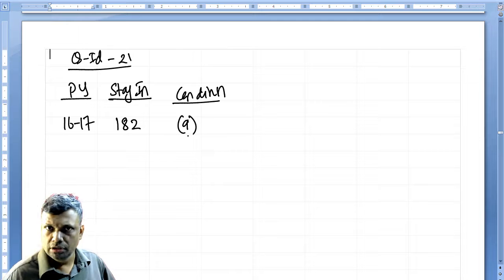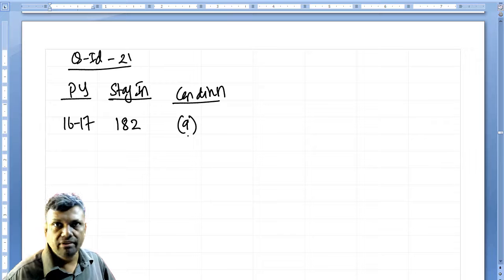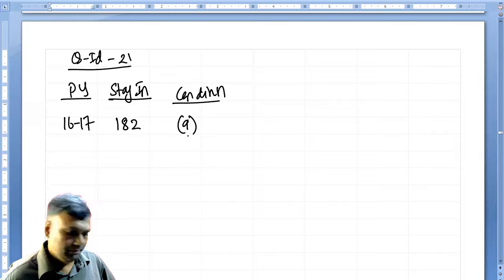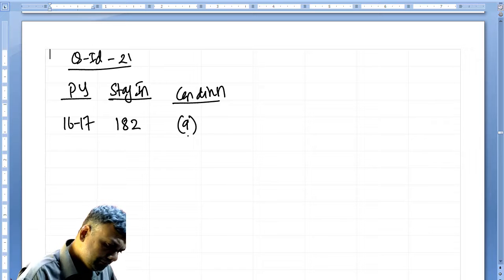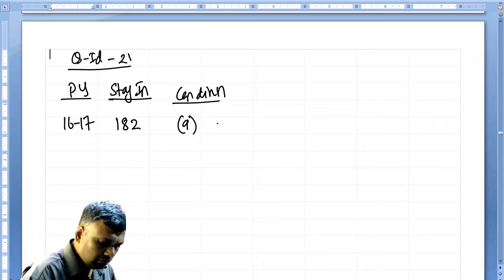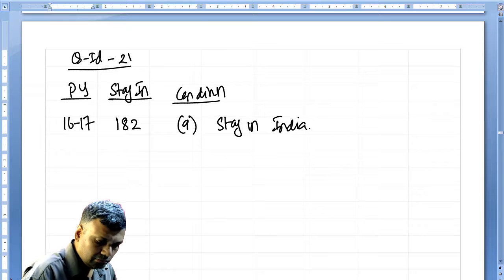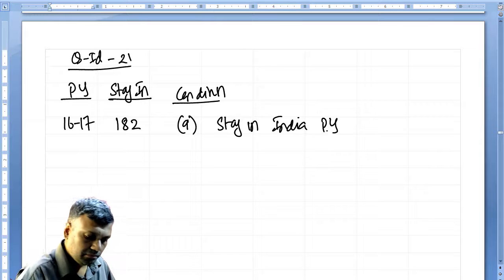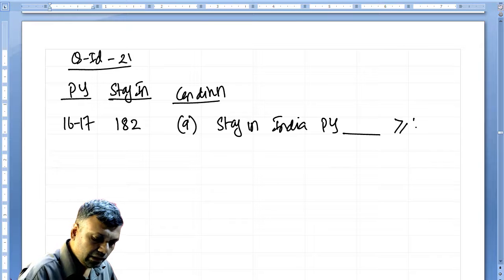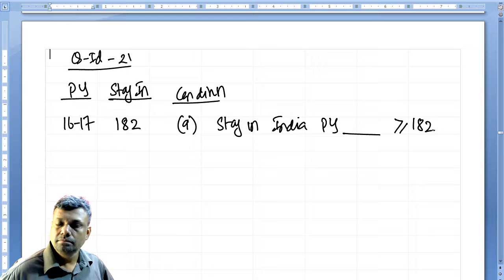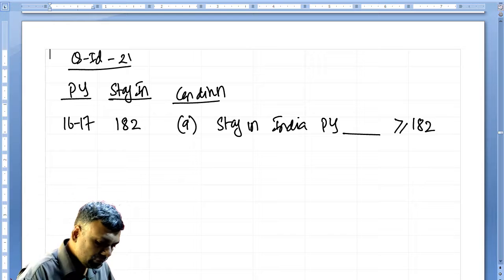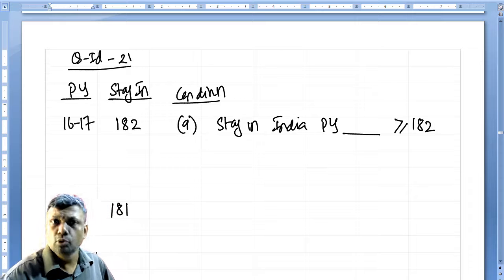Here condition B is not functional, so I am not thinking only from condition B point of view, because he is an Indian origin person going abroad for the purpose of employment. So condition A. Stay in India during the previous year greater than or equal to 182 days, that means you are resident. But suppose your stay is 181 days.